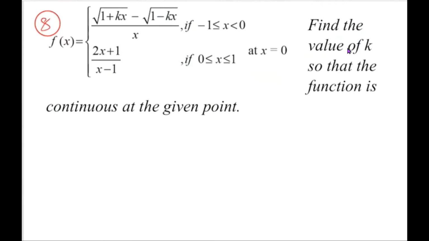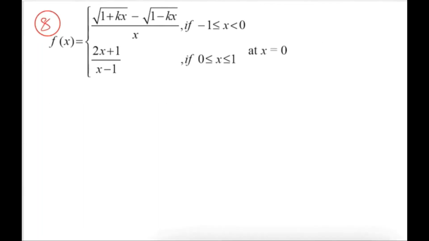Next one, 8th one. Here we need to find the value of k so that the function is continuous at the given point. What is the given point? X equal to 0. Since the function is continuous, left hand limit, right hand limit must be equal to f of 0.